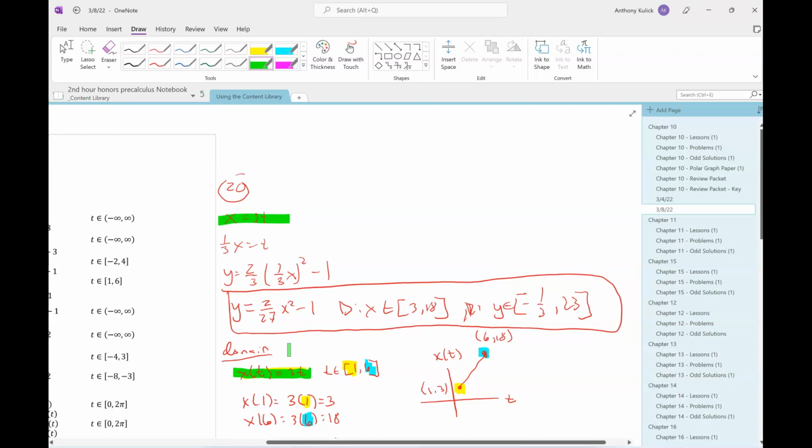The inputs for that are t, but the outputs are the x-coordinates, right? So the domain for my Cartesian function is the output of my parametric equation for x, i.e. the range for that function x of t. Okay?